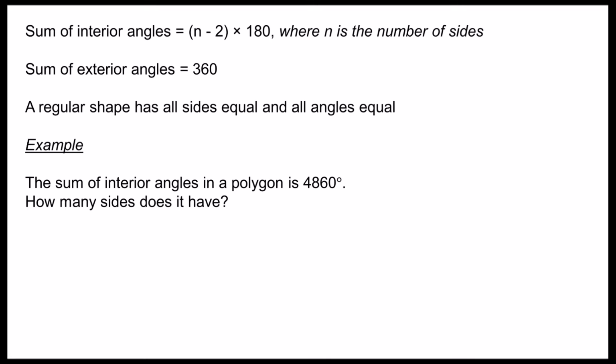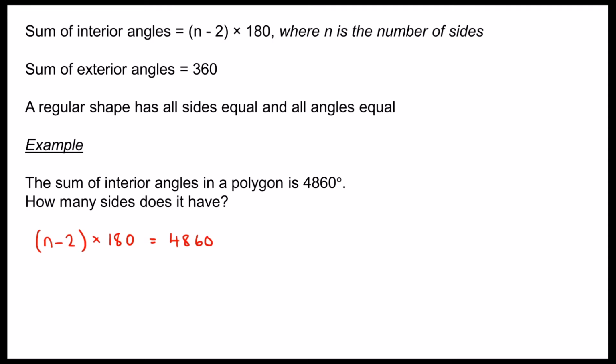In my first question, it tells me that the sum of interior angles in a polygon is 4,860 degrees and asks me how many sides this polygon has. I can use the rule for the sum of interior angles in a polygon to say that (n - 2) × 180 must equal 4,860 degrees.